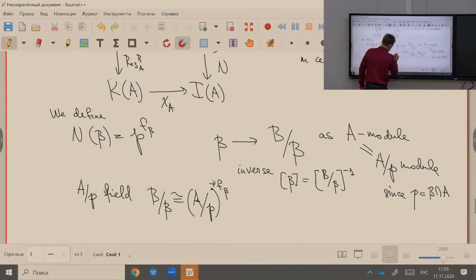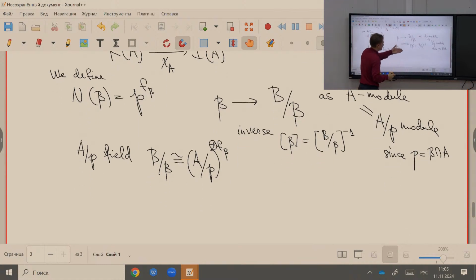This means that you just associate, thinking of it as the restriction, chi of the restriction of B mod A on B mod beta.